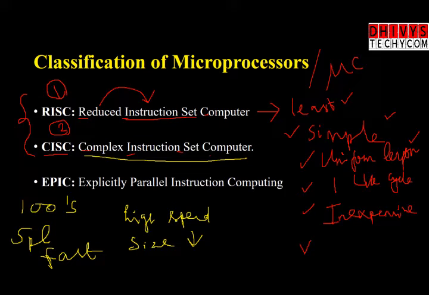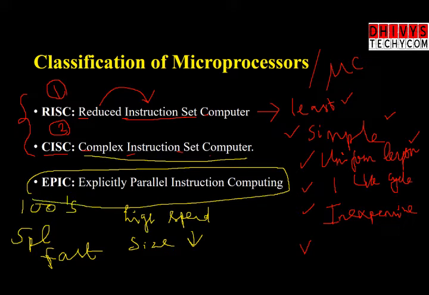Lastly, we have to discuss EPIC, which is not generally a category of classification of systems, but it is very important to know what EPIC is all about. It is explicitly parallel instruction computing. You can have a simple guess that it is a combination of RISC plus CISC.